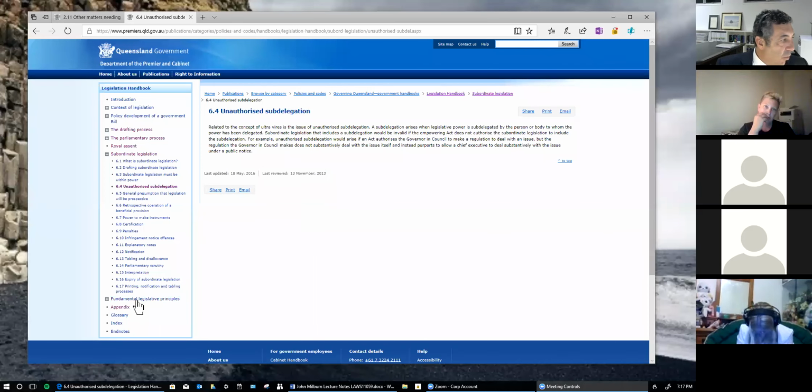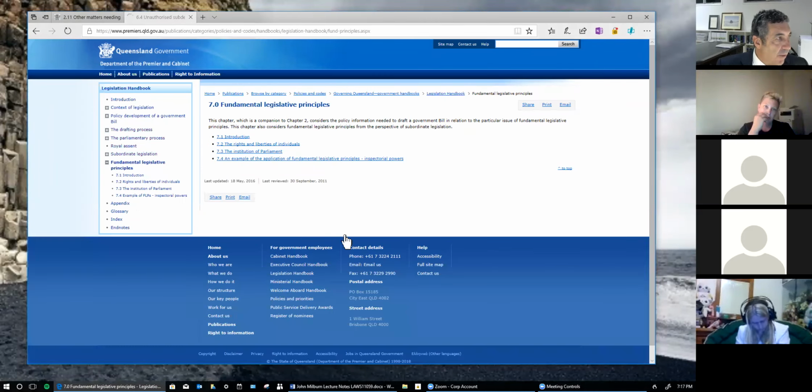But 7.1, there are some fundamental legislative principles, and these are of general effect. Again, you're dealing with issues that to some substantial degree relate to common law.